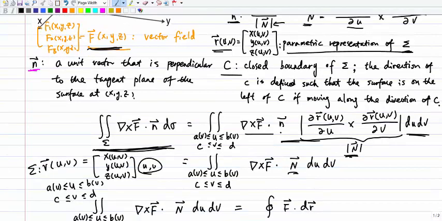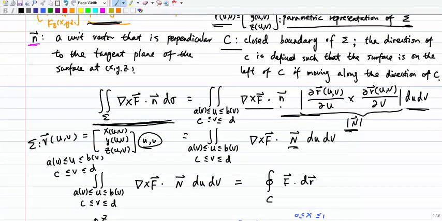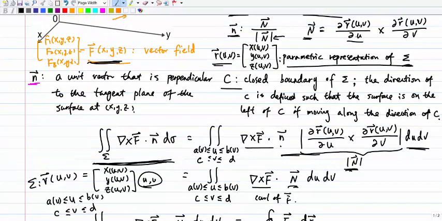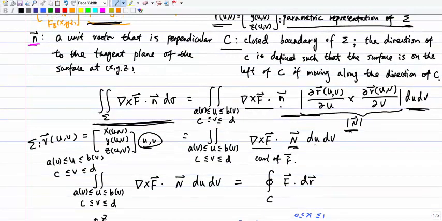So that's why this is the same as doing the double integration over the curl of my vector field dot the n vector, which is determined by partial r over partial u cross partial r over partial v, integrated over du dv. That's it.